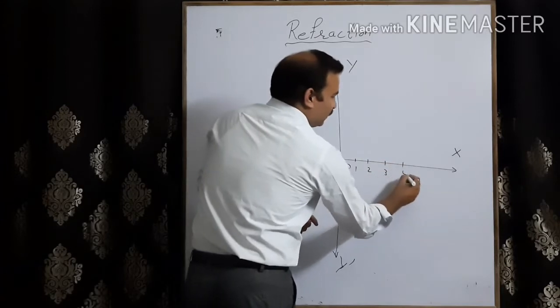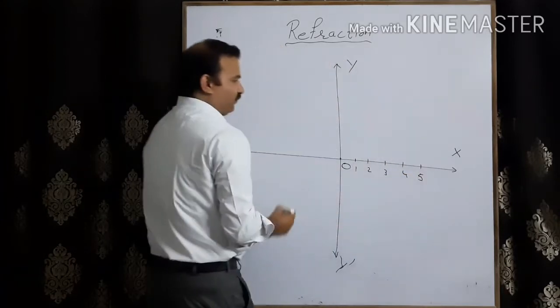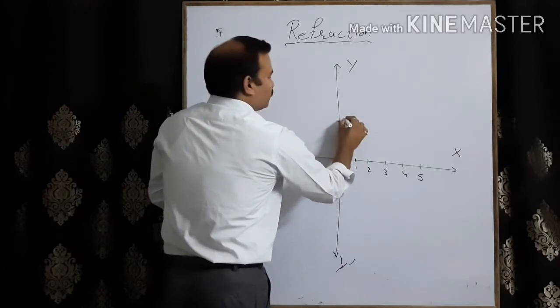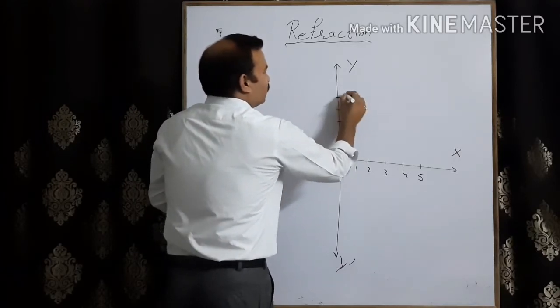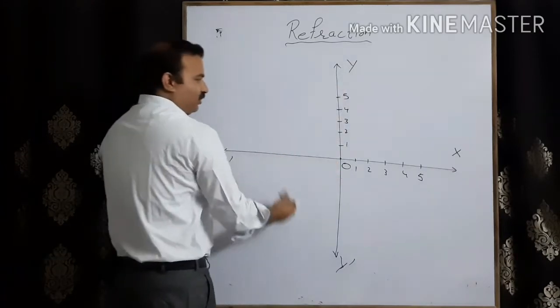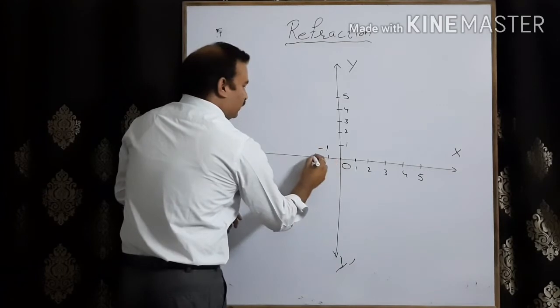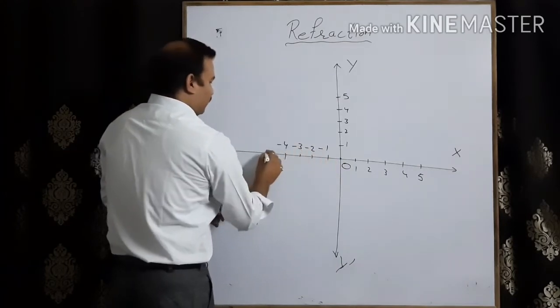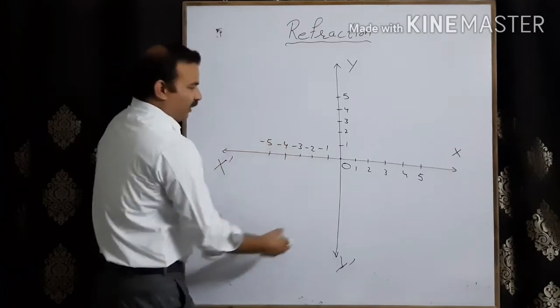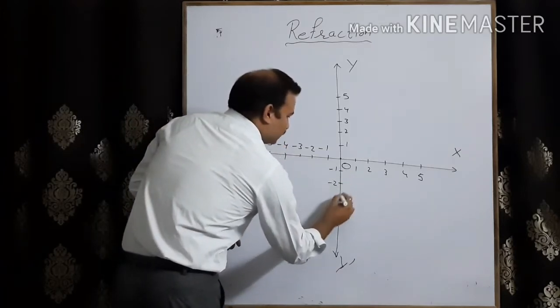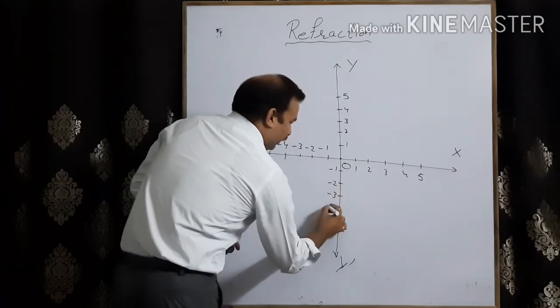Now we know that this side on my right side of the origin, points are taken as positive, and above, that is positive. This is the positive axis of this y. Now on the left of the origin, this is the negative axis of the x part, and downside this is the negative axis for the y part.